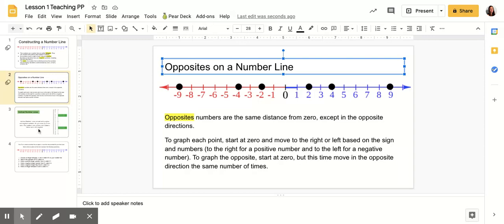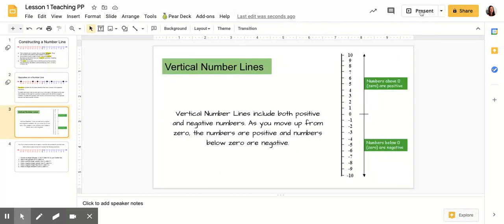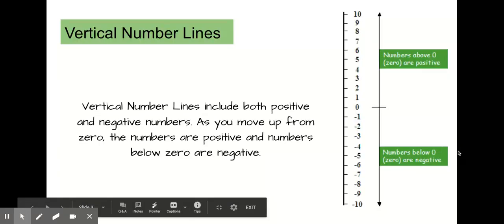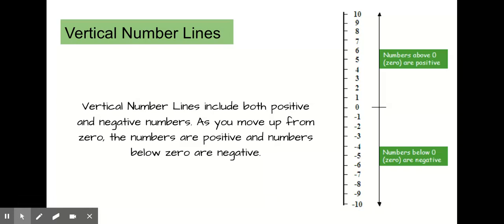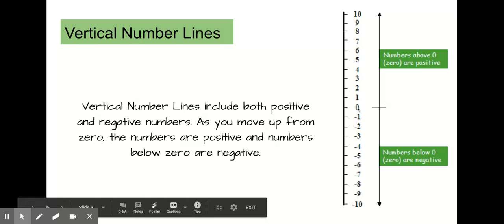Okay, moving on, let's look at vertical number lines. I'm just going to hit that present button again. So vertical number lines, guys, are the same as the horizontal, but it's just moving up and down. So they're going to include both positive and negative numbers, but as you move up from 0, your numbers are going to be positive, and as you move down from 0, your numbers will be negative.